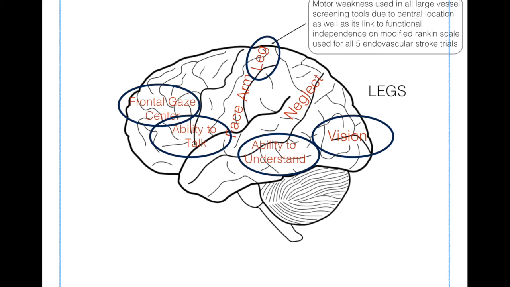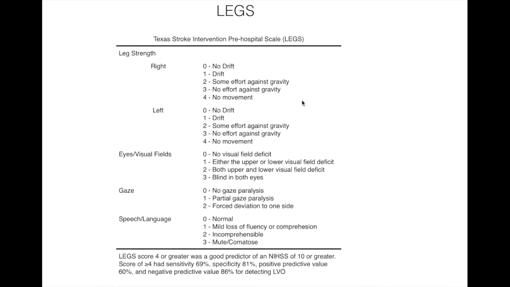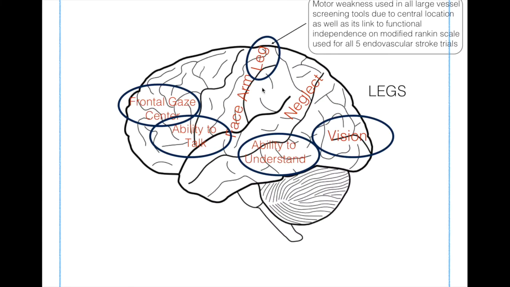Legs is a similar one, but they don't test face or arm, and they neglect. Same thing, 0, 1, 2, 3, 4, 0, 1, 2, 3, 4, right? And they only test the leg, which to me doesn't make sense. It's the furthest thing out, right? You can miss lots of small NIH, but large vessel occlusions can go on in the next 24 hours to become larger.